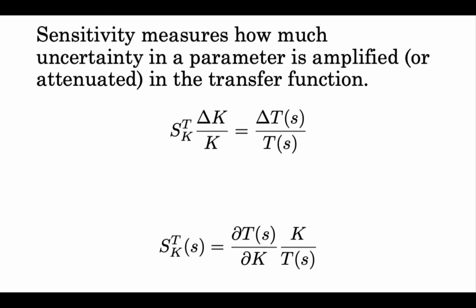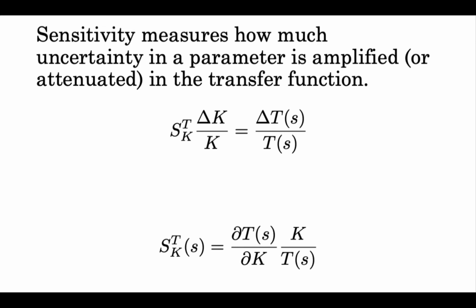Then it's not too much of a leap to think that there will be some kind of uncertainty in the transfer function itself. Now, it's going to be less like a 10% resistor and more like the Bode plot is going to have some fuzz around it, or the pole zero map is going to have some uncertainty clouds around it.